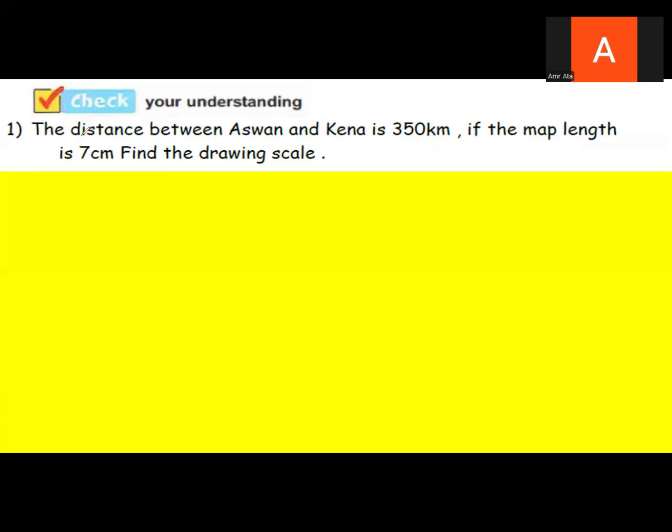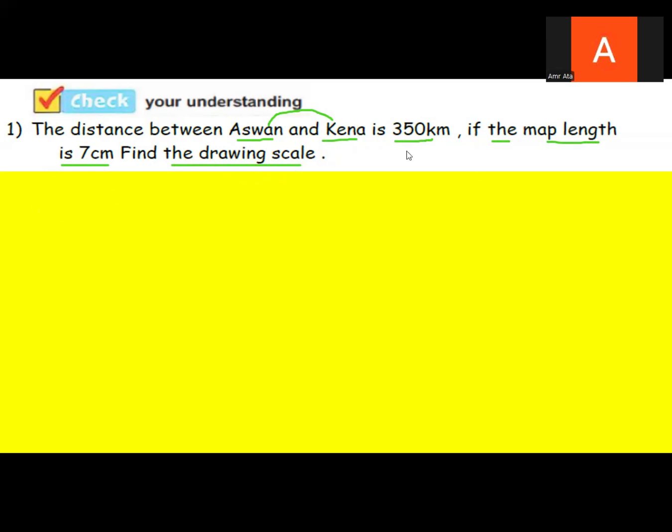This problem: the distance between Aswan and Qina, 2 cities in Upper Egypt. If the distance between them is 350 kilometers, and the map length is 7 centimeter, find the drawing scale. He wants the drawing scale.